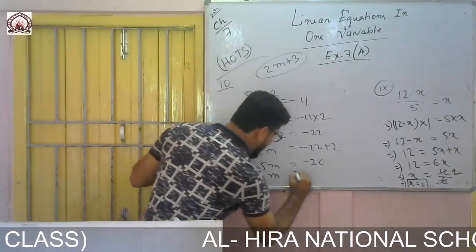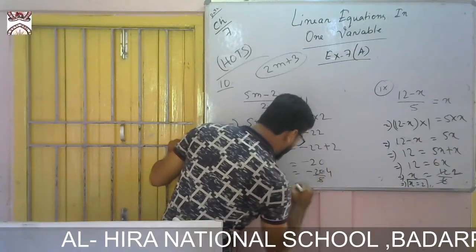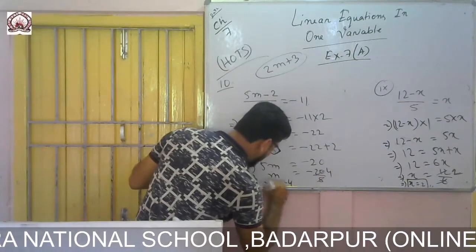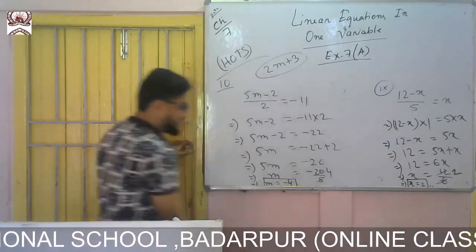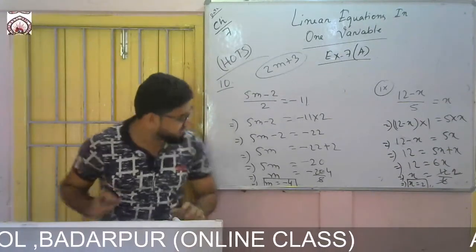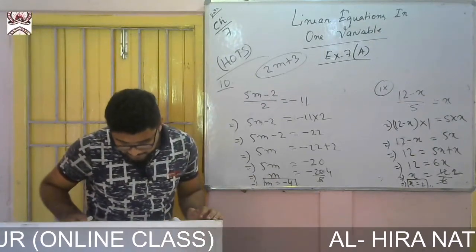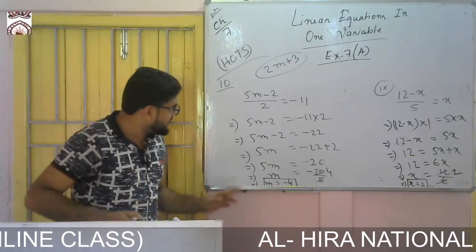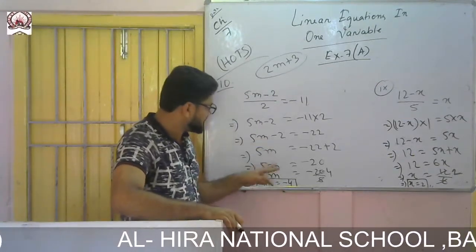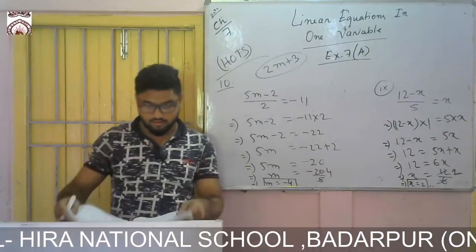Now m equals minus 20 by 5. We cancel, 5 4s are 20. So m equals minus 4. That is the answer.